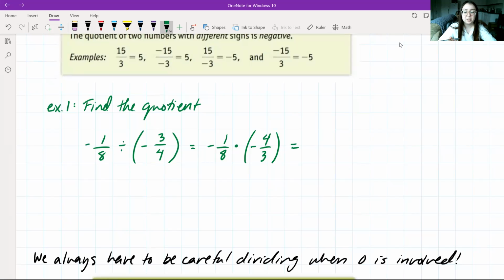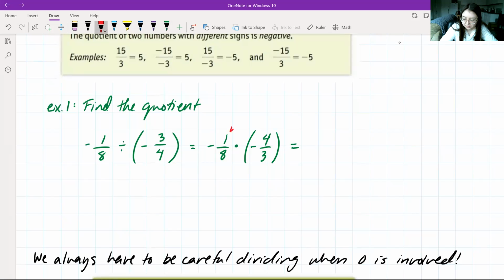For simplicity's sake, each one of these fractions is negative. So we know that when we multiply these together, it's going to be positive, since each one of our fractions is negative. So in our next step, we're going to drop our negatives. We know that our final answer is going to be positive, so we can drop our negatives now.